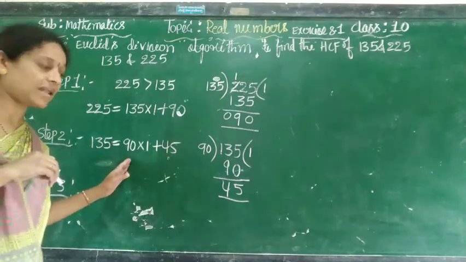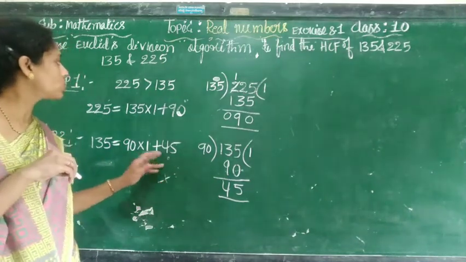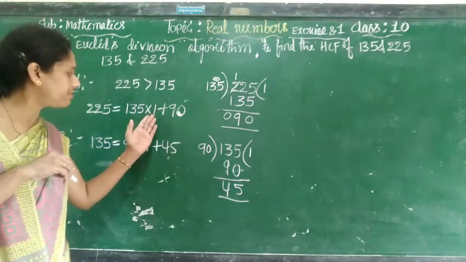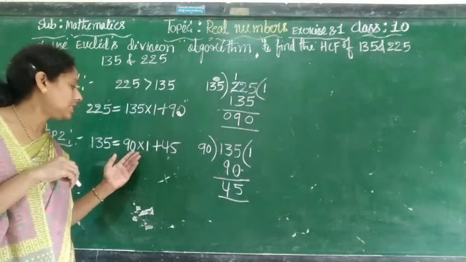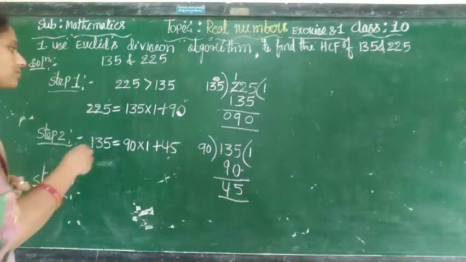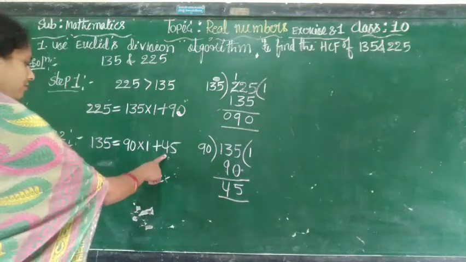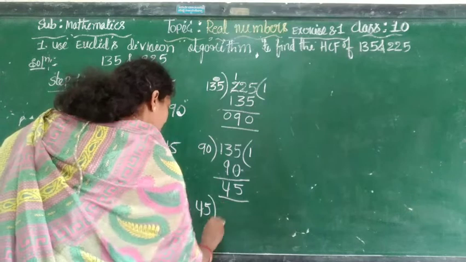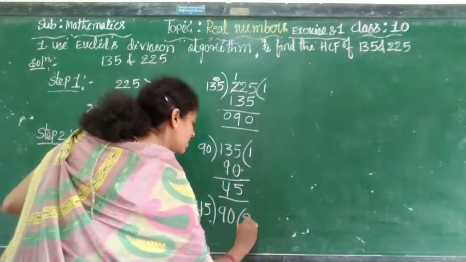So we apply the division algorithm lemma, we get. What should we do here? We apply the division algorithm lemma. So in step second, 45, 2 twos are 90.